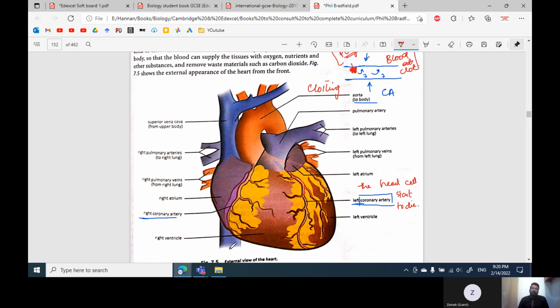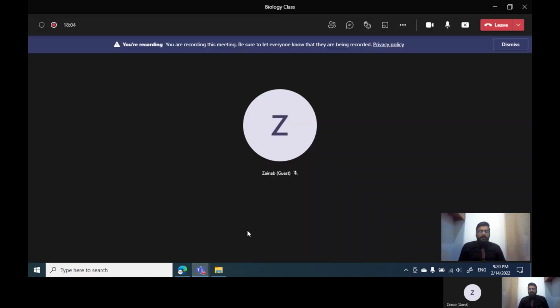Sometime before the death of the heart cells, we feel some sort of pain here in the heart, or we face difficult breathing and a sudden increase in heart rate.